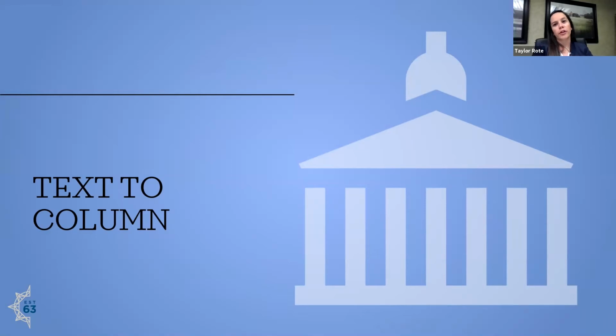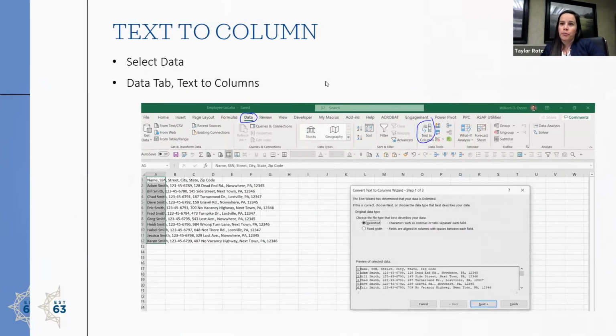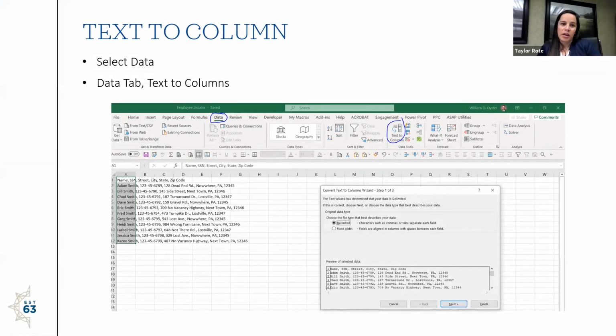I'll be going over a few different features that I find beneficial in Excel, with the first one being text to column. This is definitely one of the features in Excel that I use the most to format data as an auditor, but it would also be beneficial for anyone who runs financial reports and exports this information into Excel on a regular basis.